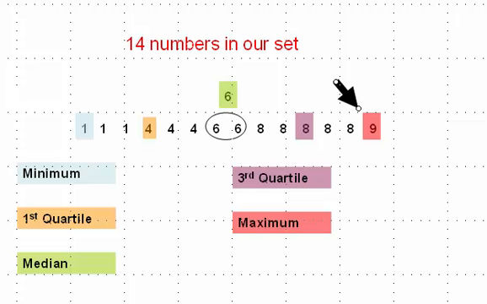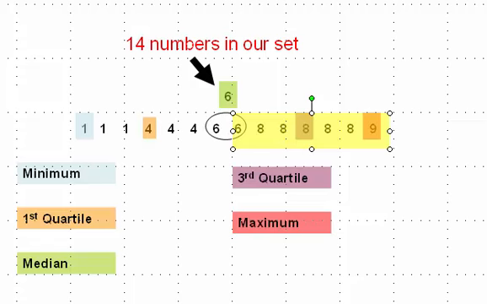Now our median is right in the middle. Our median is right here. Half the numbers are going to be smaller than the median. Count them, there are 7 numbers in that yellow highlighted area, and half the numbers are going to be bigger than that 6 or equal to them.